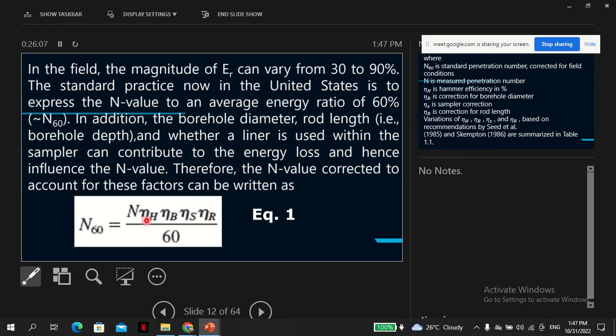So therefore the N value has to be corrected. I already said this. So this NH is intuitive. Of course, the meanings have been described ahead. NH is the hammer, B is the borehole diameter, S is whether there's a sample or not, and R is the rod length.